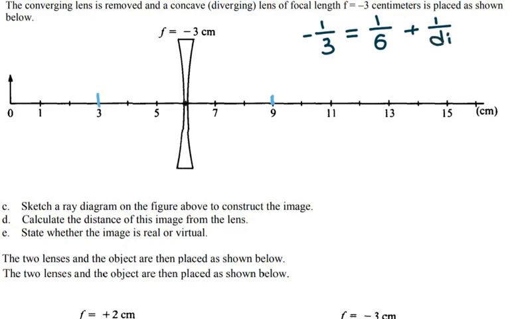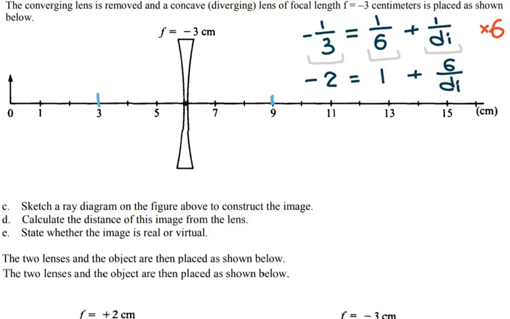And again, I can multiply every single fraction by the common denominator. So the common denominator is 6, so multiply by 6. And we will get negative 2 equals 1 plus 6 over dI.